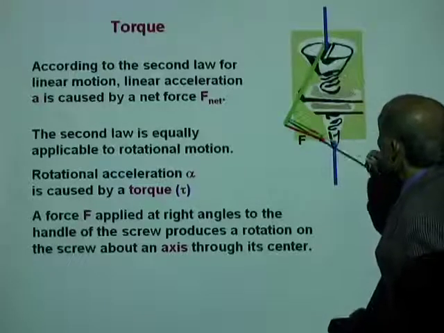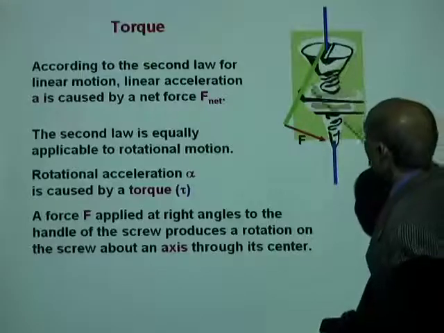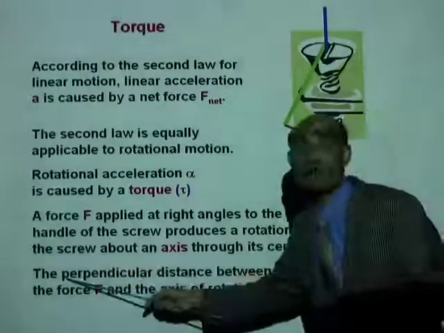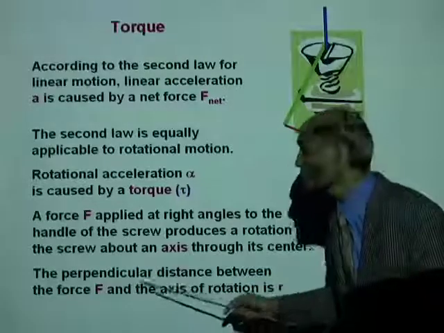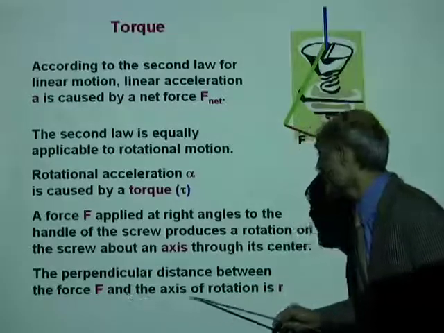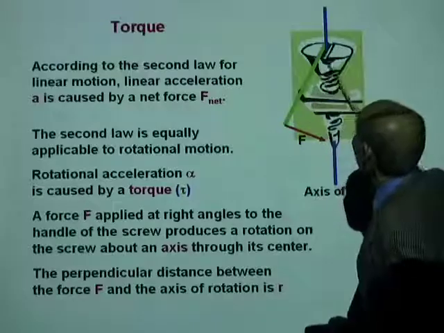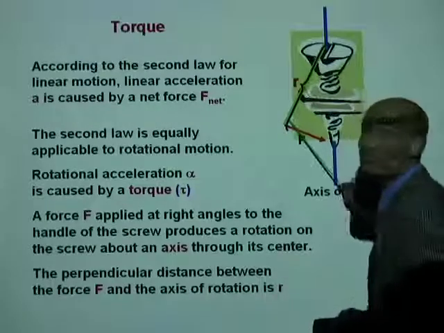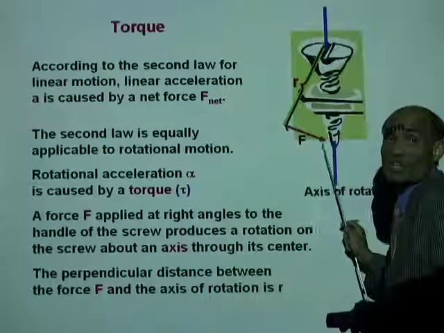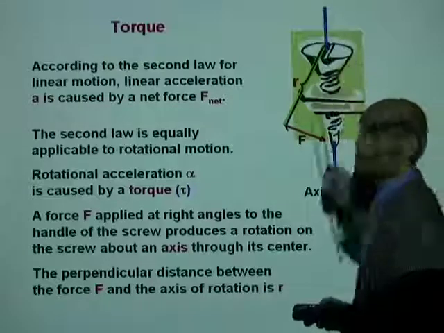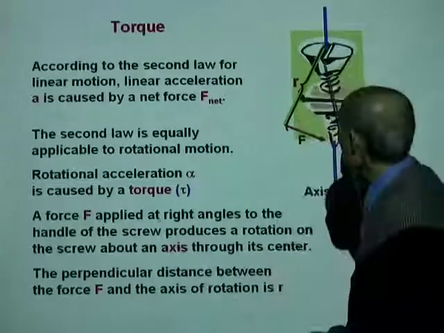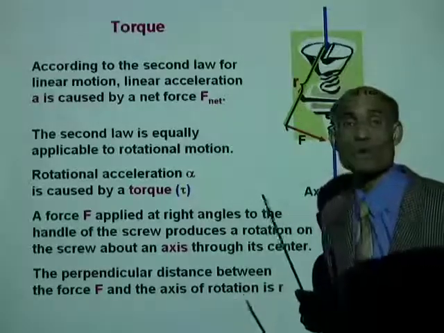And now the force is applied at right angles to the handle. The perpendicular distance between the force F and the axis of rotation is this r. This is the perpendicular distance between the force and the axis of rotation. And I told you that that distance is called the torque arm.